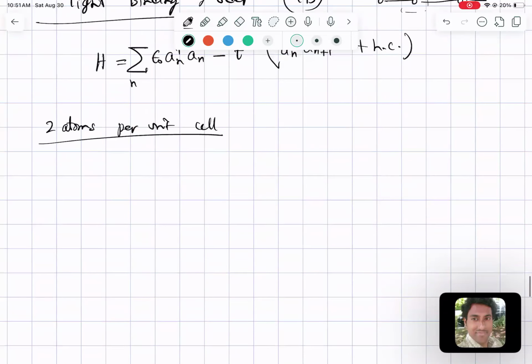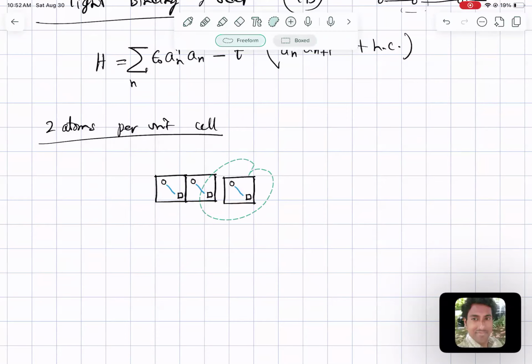Okay, the diagram that I tried to draw in Overleaf is something like this. And this is the bond, and then it repeats itself like that, and this is the other bond.